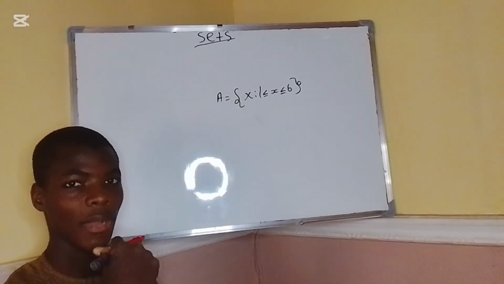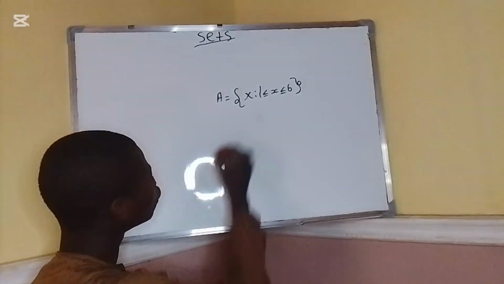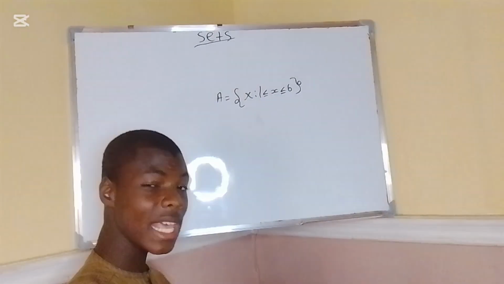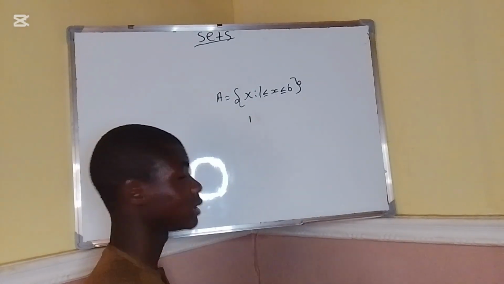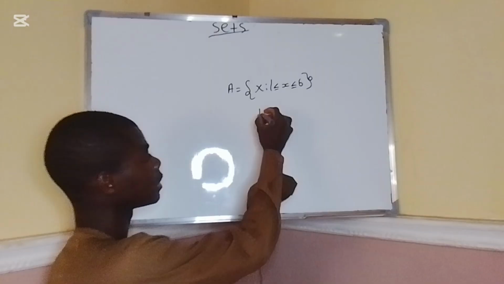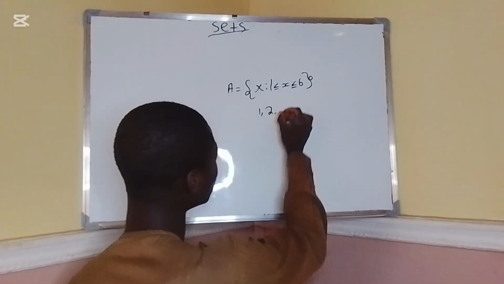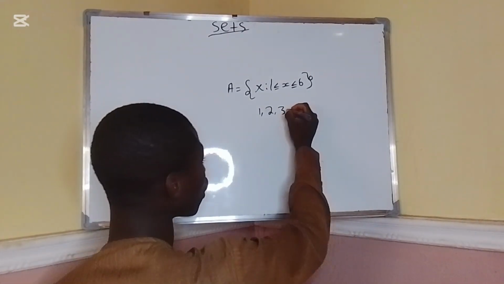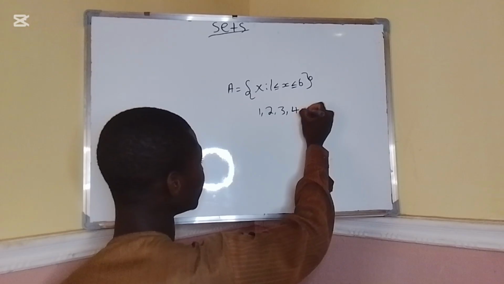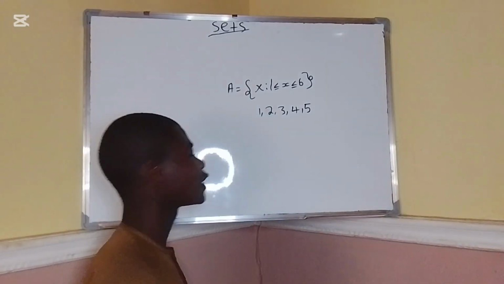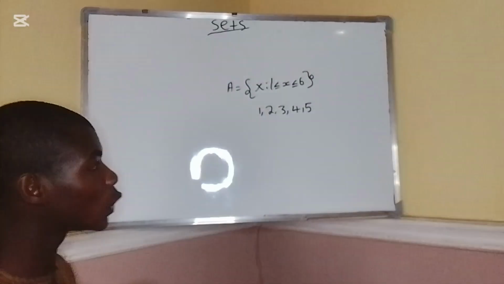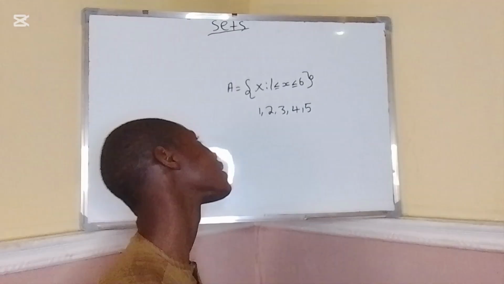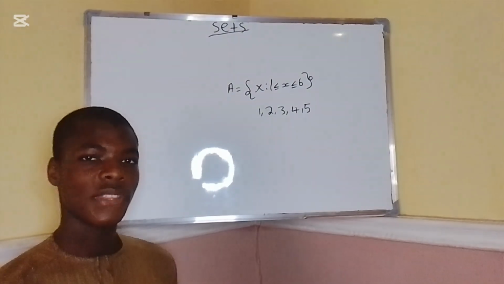Because we have numbers here, 1 is included, and 2 is included, 3 is also included, 4 is included, and also 5 is included, but except 6, because it says that it is less than 6.